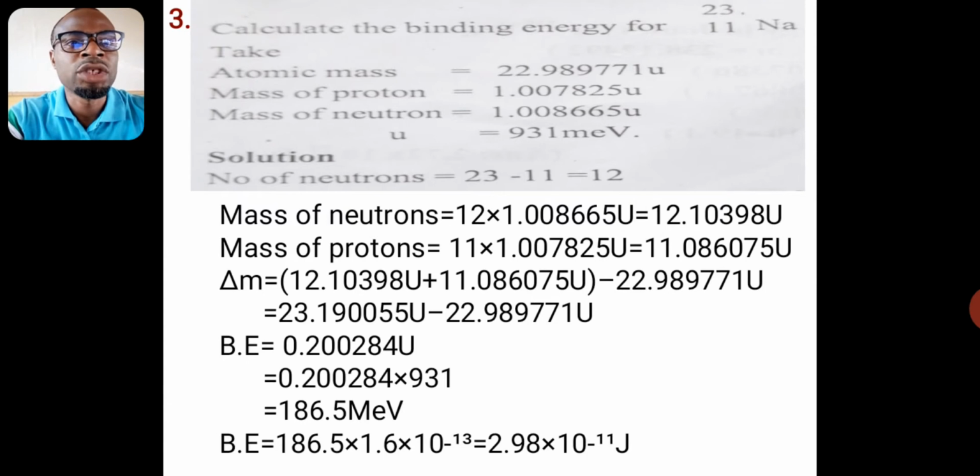Under the question, we were asked to take the atomic mass of sodium to be 22.989771 U. Mass of proton is equal to 1.007825 U. Mass of neutron equals 1.008665 U, and U is equal to 931 mega electron volts.